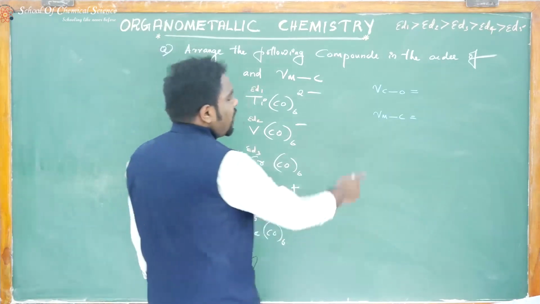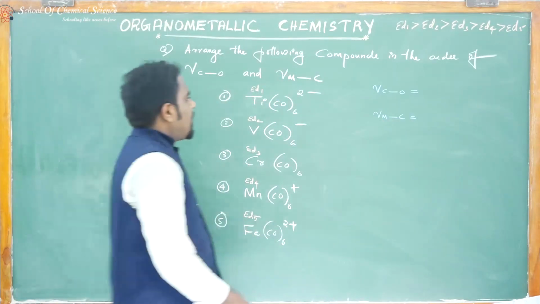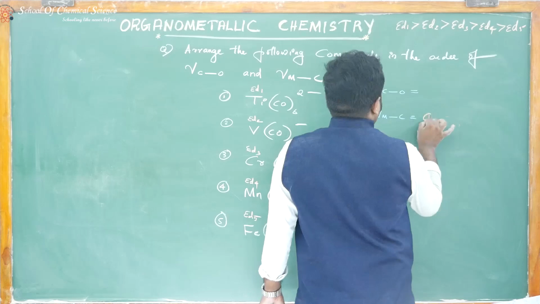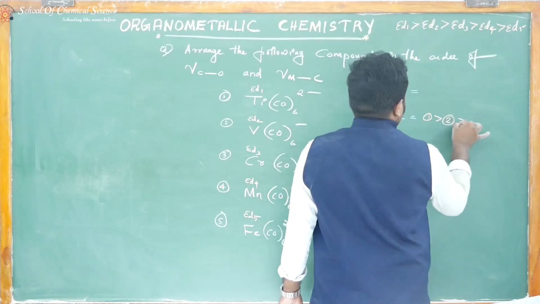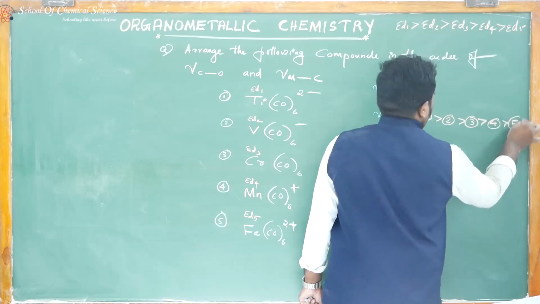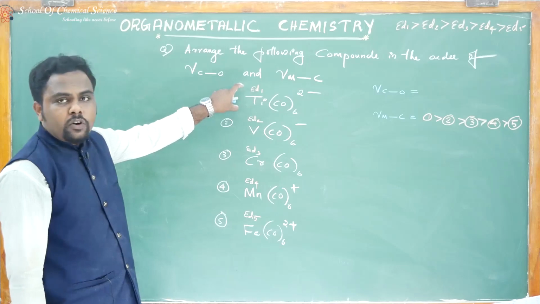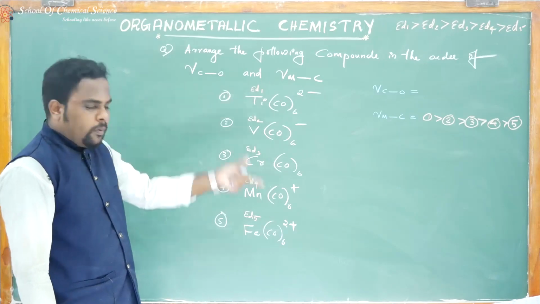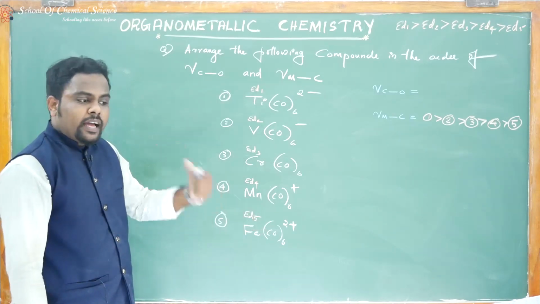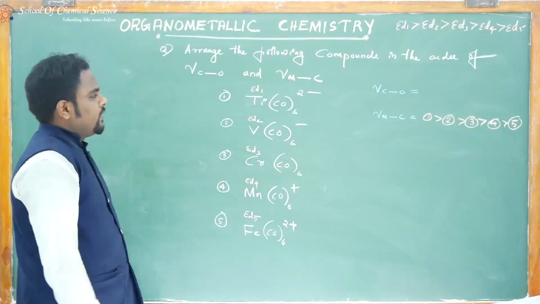So what is the order of ν MC? ν MC has the order 1 greater than 2 greater than 3 greater than 4 greater than 5. Why? In the first complex electron density is high, back bonding is high. When back bonding is high, metal-carbon bond order increases, stretching frequency also increases.